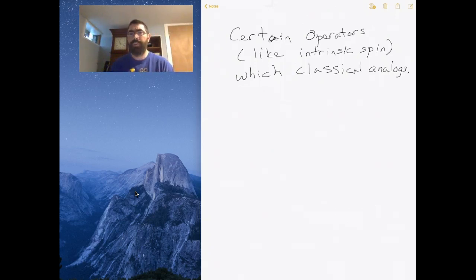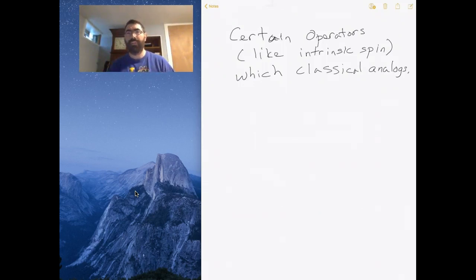So far we've always talked about variables that do have a classical analog. We talk about position. We can try and measure the position from the wave functions. We can measure the momentum. We can measure the energy. We can measure those quantities in classical mechanics as well as quantum mechanics.